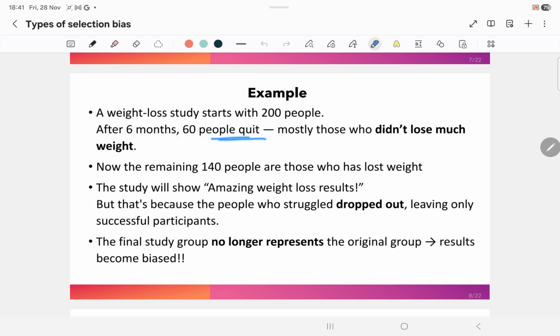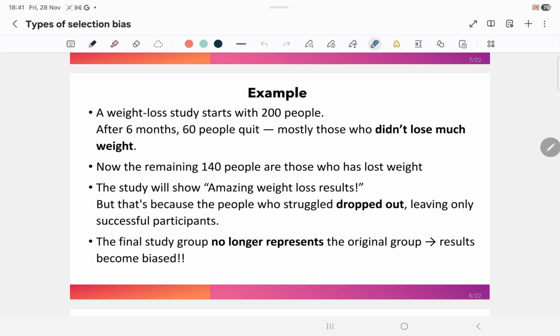And these 60 people quit because they were not losing much weight. Now 140 people will say, oh, there is amazing weight loss. But these 60 people who are not here anymore to report that they didn't lose much weight have left the study. So our interpretation will be that the intervention is very effective for weight loss.